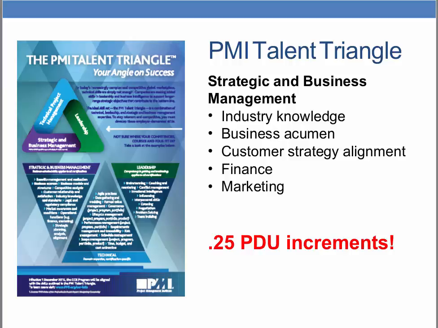We cannot submit that to PMI in that way. It needs to be clear 0.25, 0.5, 0.75, or 1.0 PDU increments in the talent triangle area. If you have any questions about that, just contact the UTD PM Symposium office that you'll see on our last slide.